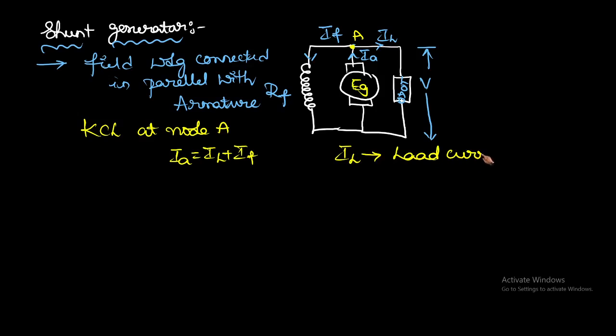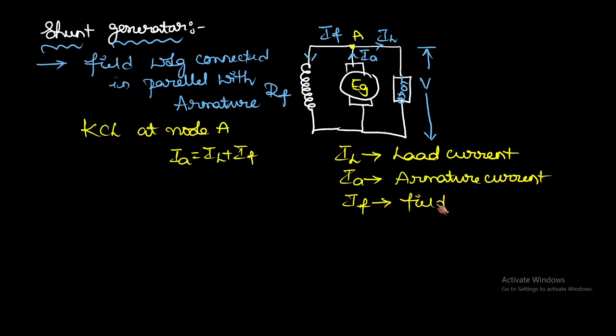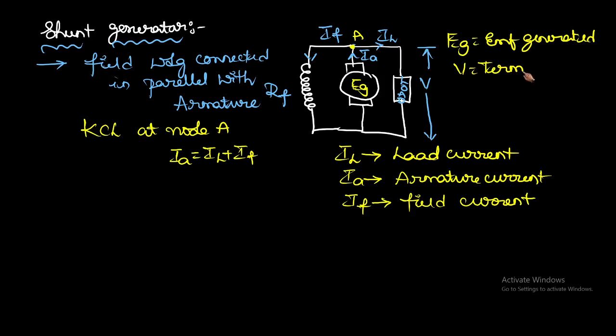IA is the armature current. IF is the field current. EG is the EMF generated, and V is the terminal voltage.